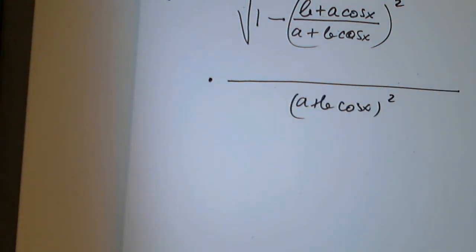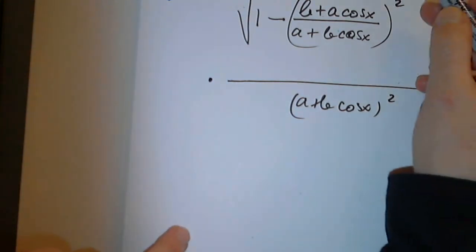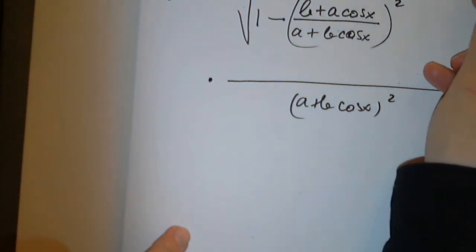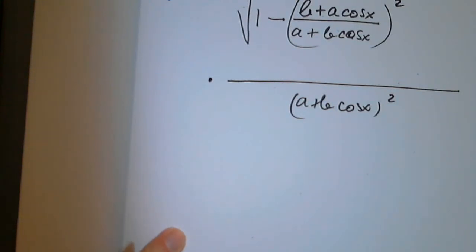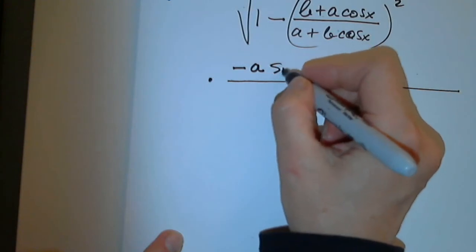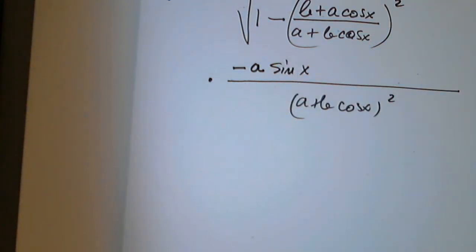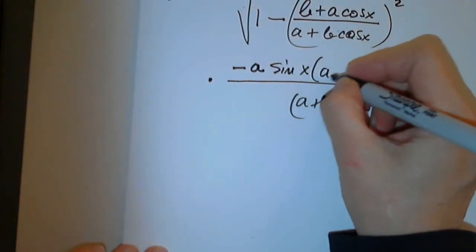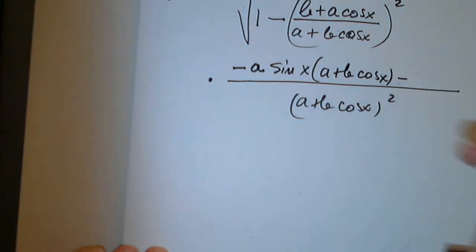Now carefully I have to differentiate the top, multiply by the denominator, minus the top times the denominator prime. So when I differentiate the numerator, what do I get? Minus a sine x. So when I differentiate the numerator, b is a constant, 0. A cosine x prime is negative sine x, so I have negative a sine x, times the denominator, which is a plus b cosine x, minus.